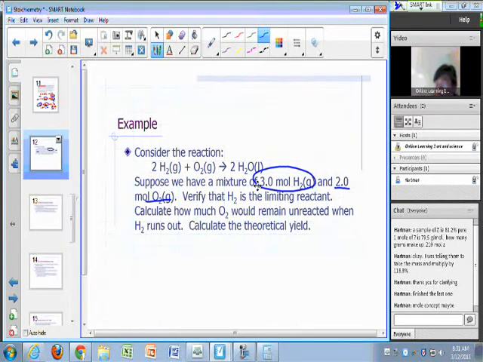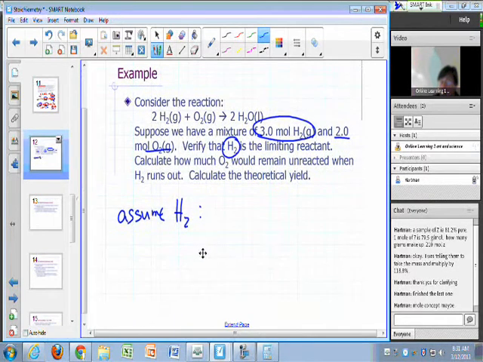Well, since we're assuming H2 is the limiting reactant, let's do calculations to verify how much of the others would change, and based on those changes, see if that's a reasonable assumption.